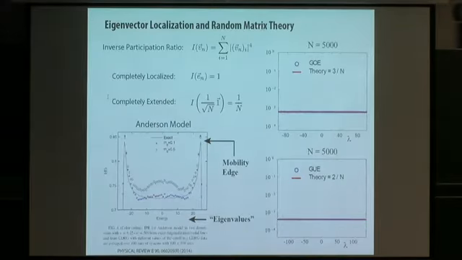This is measured by what's called the inverse participation ratio for an eigenvector, which comes up in random matrix theory. Completely localized would be just 1, versus everybody even, that's completely delocalized. In these ensembles, the eigenvectors are independent of this. Basically, you just get completely extended states.